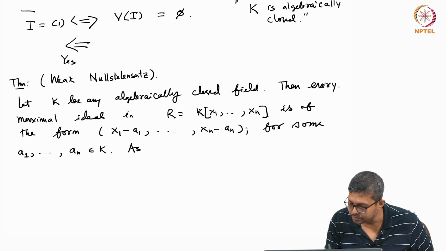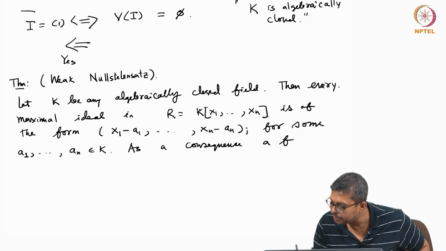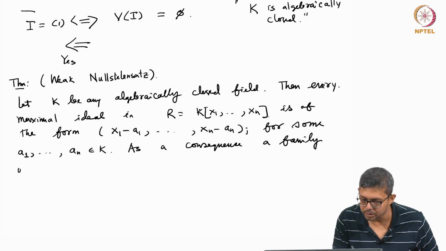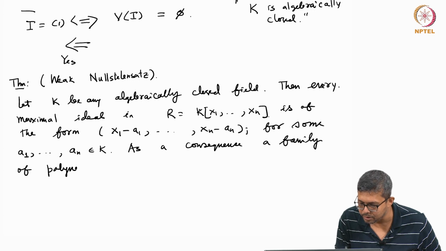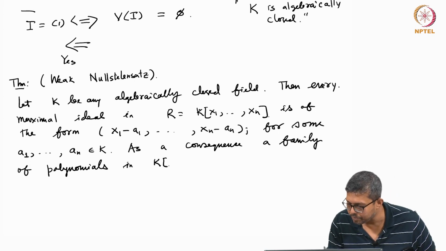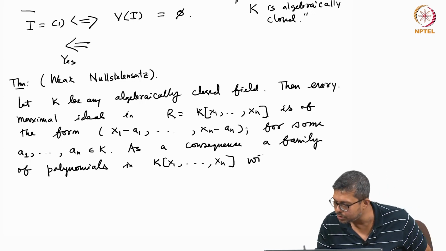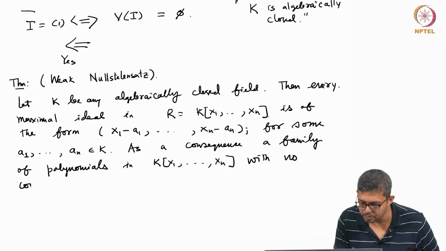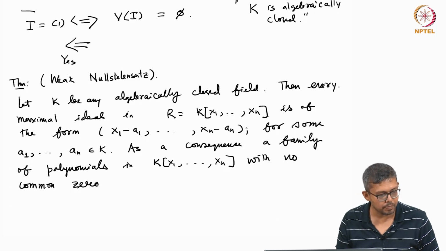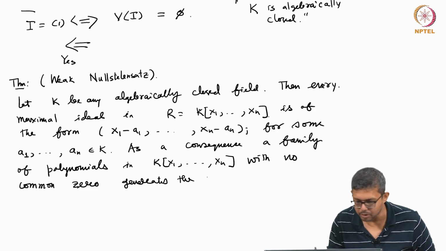As a consequence, a family of polynomials, this is important, we will see later, a family of polynomials in K[x1, x2, ..., xn] with no common zero generates the unit ideal.